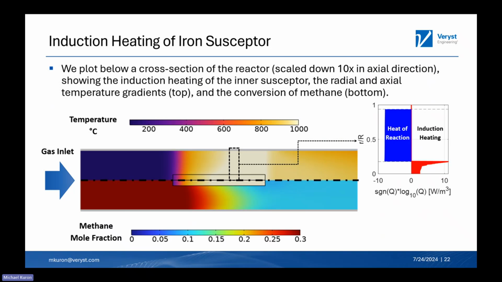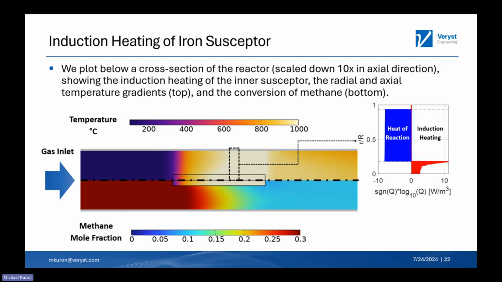So if we again look at how the reactor performs in this scenario, and we think back to what our temperature field and methane conversion fields looked like from our previous example, what we notice right off the bat is that the temperature field is much more uniform.